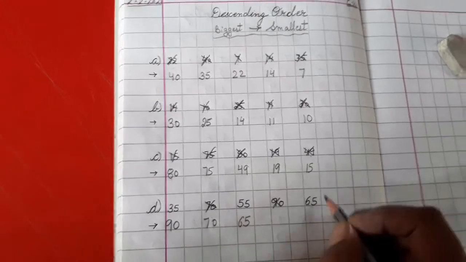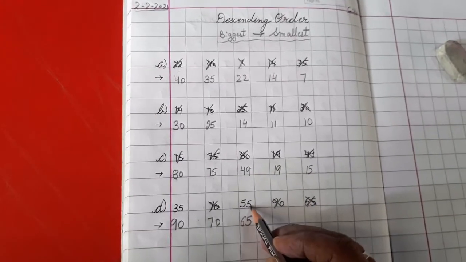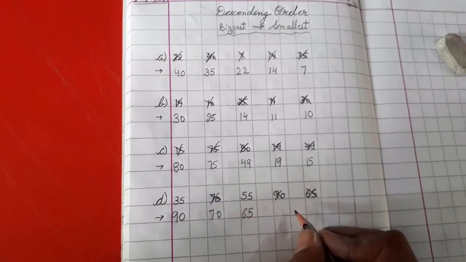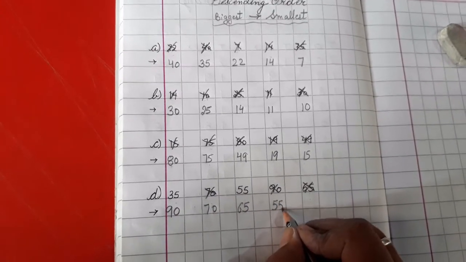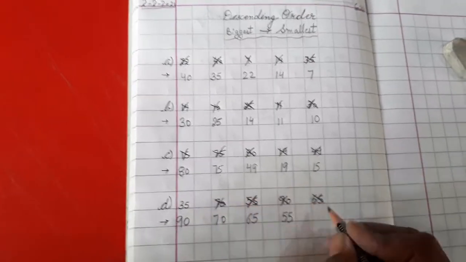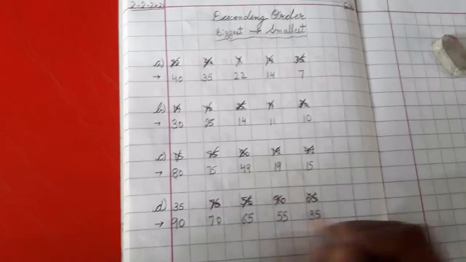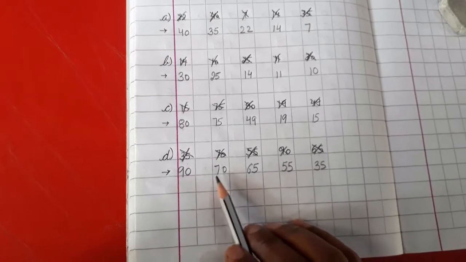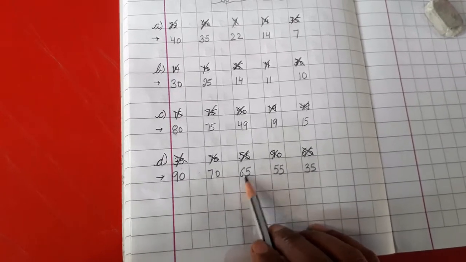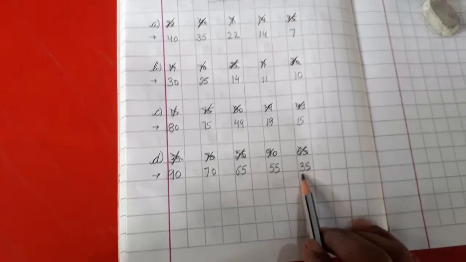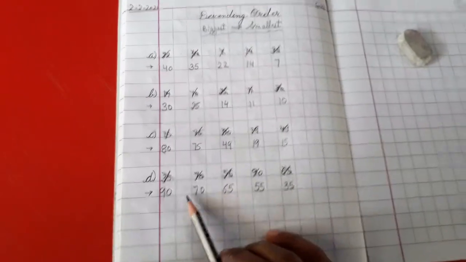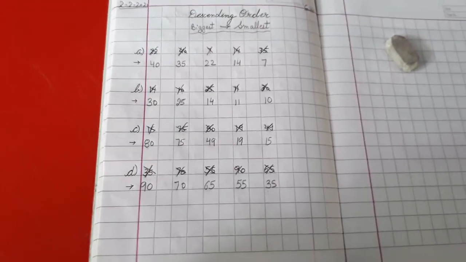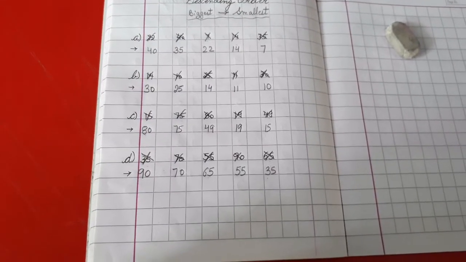So write 65. Now it is these two numbers. Which one is bigger? 55. And last we are going to write 35. Is that clear? So see, we have done 90, 70, smaller than that 65, smaller than that 55 and the smallest 35. That means biggest to smallest. Clear? So this is how you will do your work.